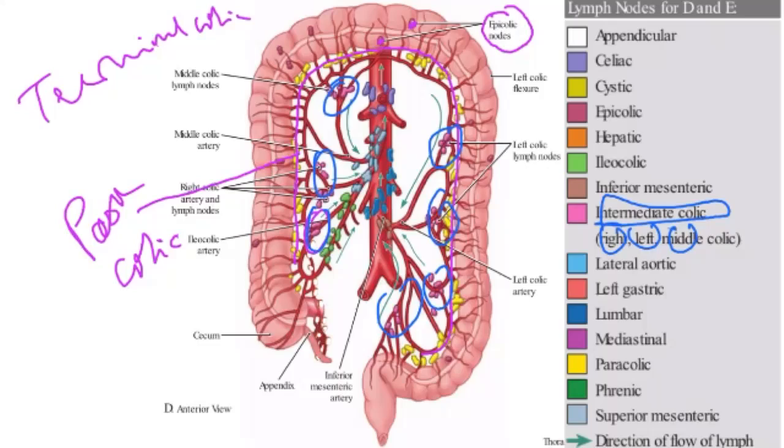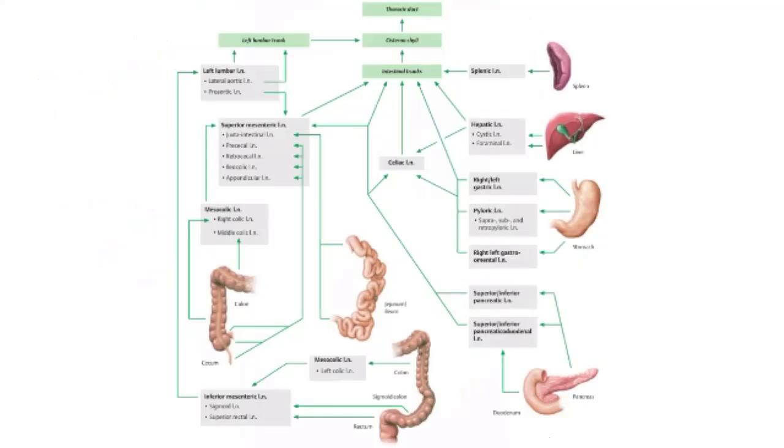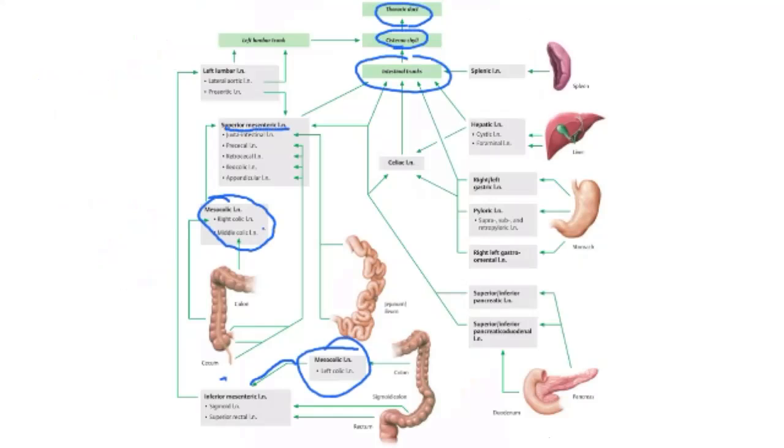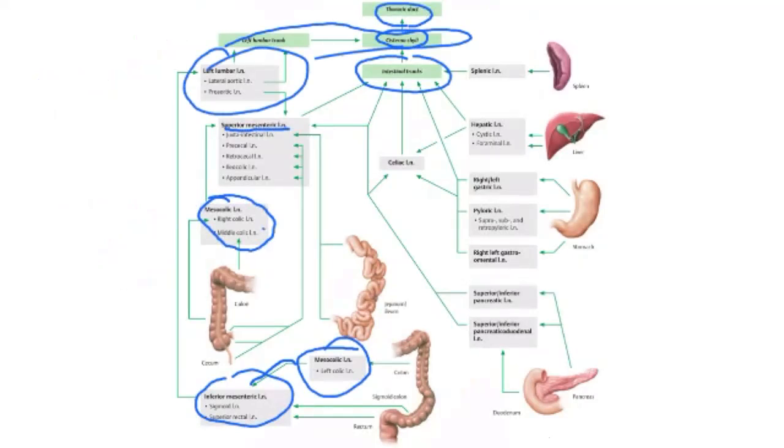You see, so the cecum and ascending colon drain into the mesocolic lymph nodes, right colic and middle colic lymph nodes, that drain into superior mesenteric lymph nodes, that drain into intestinal trunks, cisterna chyli, thoracic duct. Whereas the descending colon and sigmoid colon, into mesocolic lymph nodes, they drain into inferior mesenteric lymph nodes, to the left lumbar lymph nodes, cisterna chyli. Right?